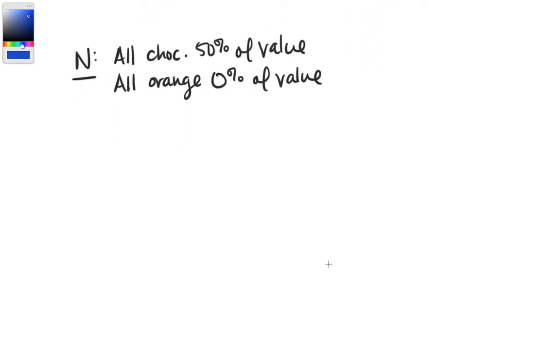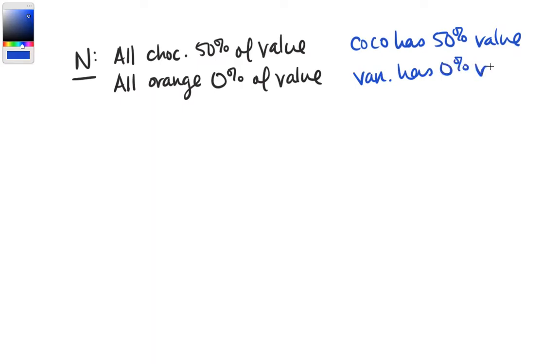Okay. So let's remember, Neville only likes chocolate and coconut. Okay, so we could say here coconut has 50% of the value of the cake. Chocolate also has 50%, orange has 0, and vanilla also has 0.